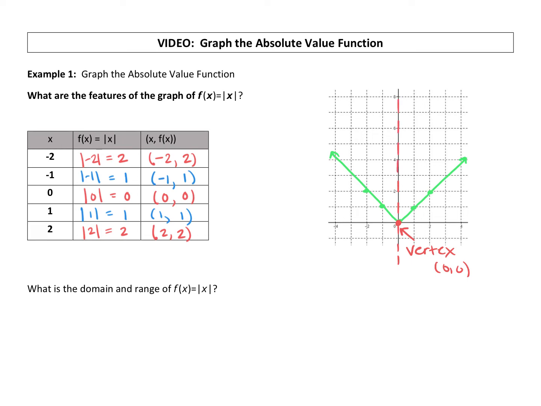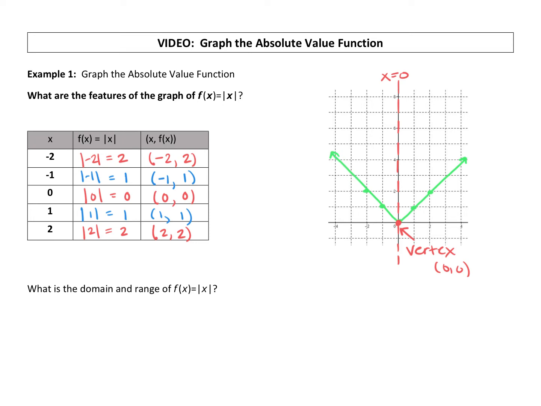We often draw this in as a dotted line because it's not officially part of the graph, but it gives us a line of symmetry. It helps us find some key features of our graph. That equation is x equals 0. But the absolute value function is just the V shape.